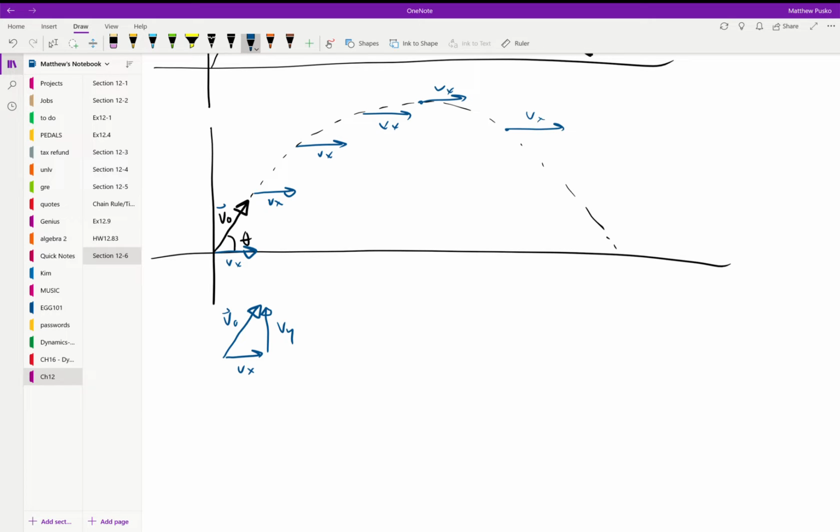So the vector length in the x direction does not change unless it's subject to drag or something. So we can say that the velocity in the x direction is constant.